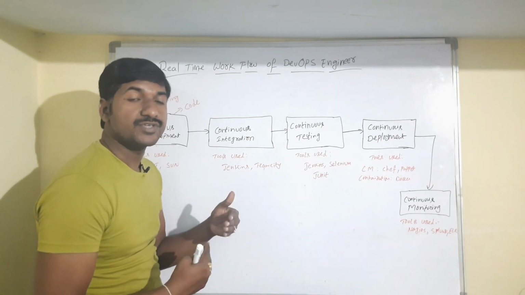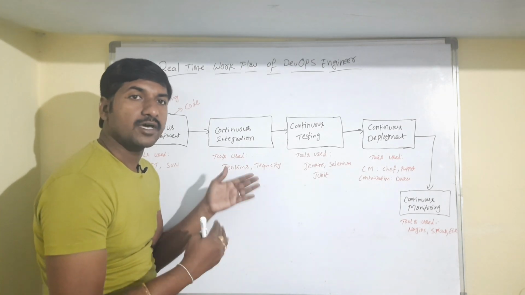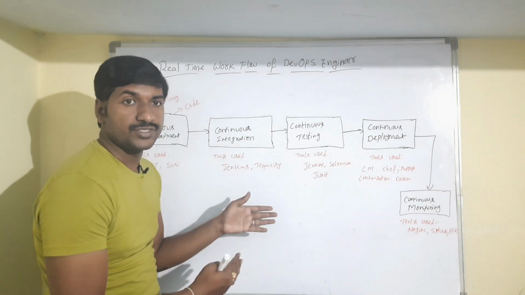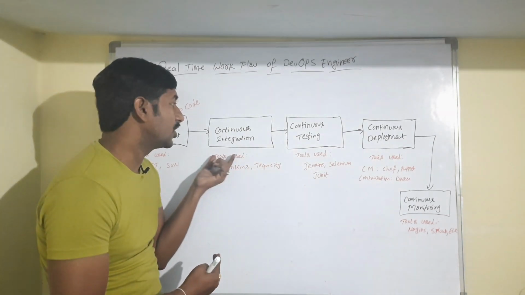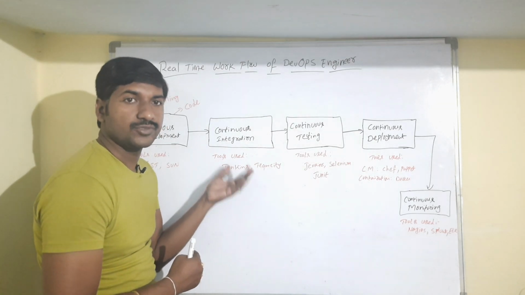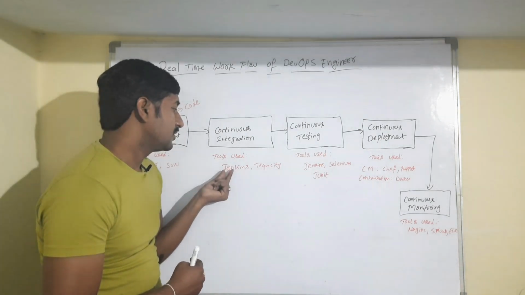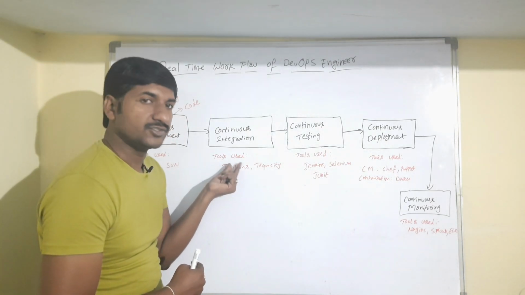You are adding new features continuously to the existing code, and checking whether it is working properly or not after adding the new features. That is nothing but continuous integration. Okay, so by using Jenkins tools, we can do that job.